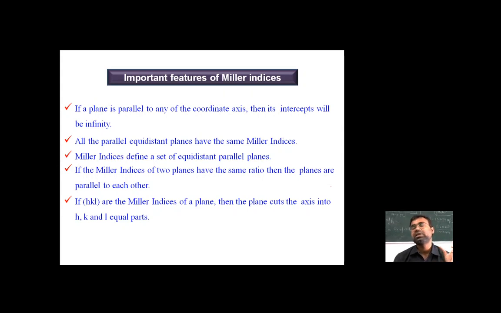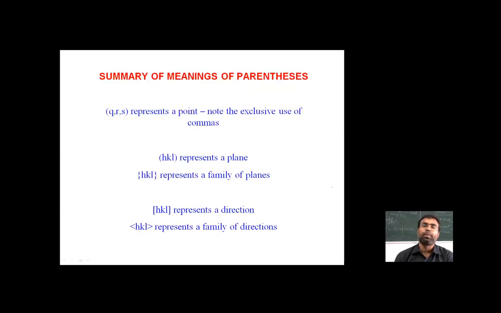These points need to be taken care of. All parallel equidistant planes have the same Miller indices, and the Miller indices define a set of equidistant parallel planes. If the Miller indices of two planes have the same ratio, then the planes are parallel to each other. And if h, k, l are the Miller indices of a plane, then the plane cuts the axes into h, k, l equal parts.